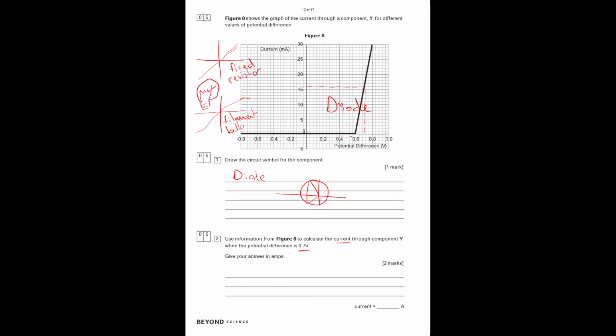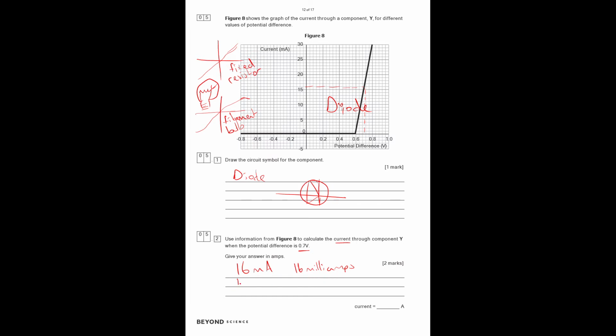Tracing back. So at 0.7 volts, the current is 16 milliamps, but we want our answer in amps. Well, if I wanted to convert from millimeters to meters, so this is 16 milliamps, then I'd have to divide by 1,000, and I'm going to do exactly the same to go from milliamps to amps.